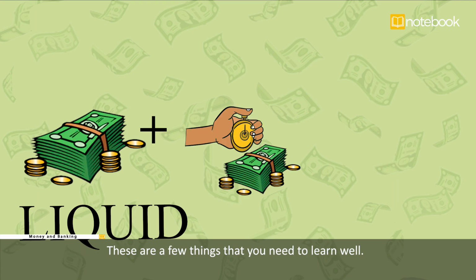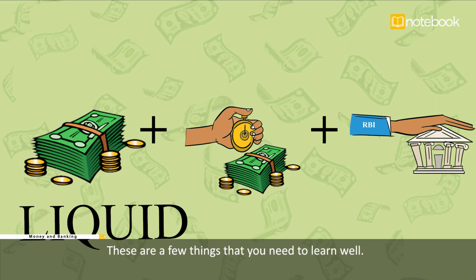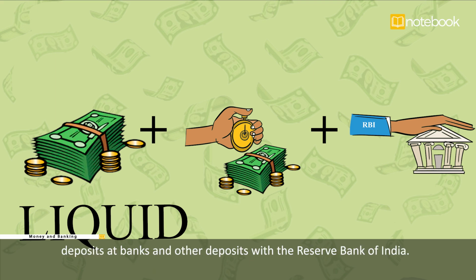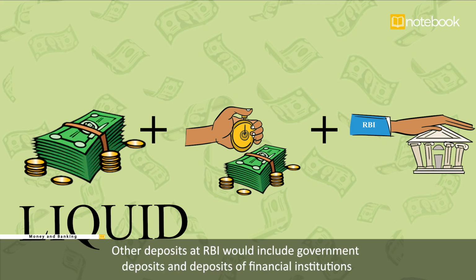These are a few things that you need to learn well. There are 4 main sources or measures of money supply. The first one is M1 and includes all the liquid cash and coins held by the general public, deposits at banks, and other deposits with the Reserve Bank of India. Other deposits at RBI would include government deposits and deposits of financial institutions.